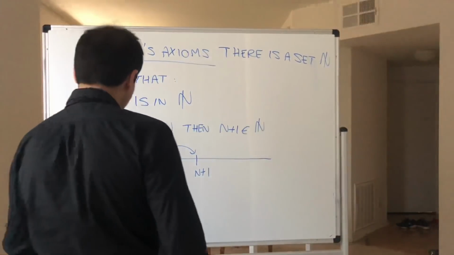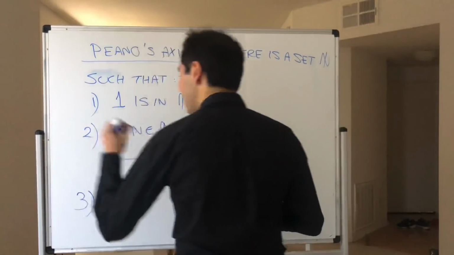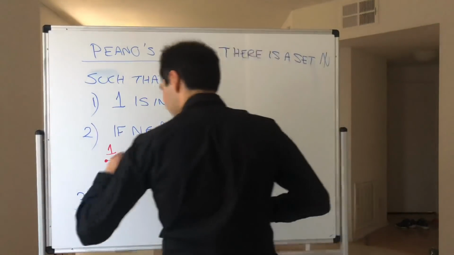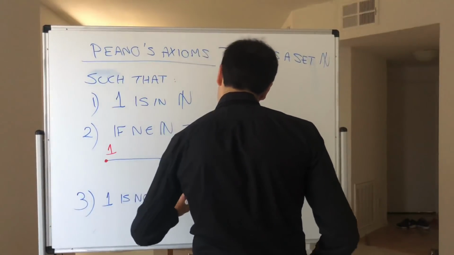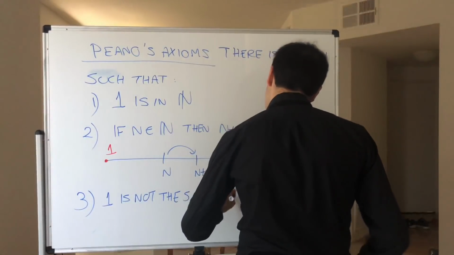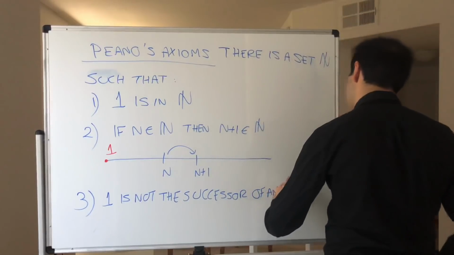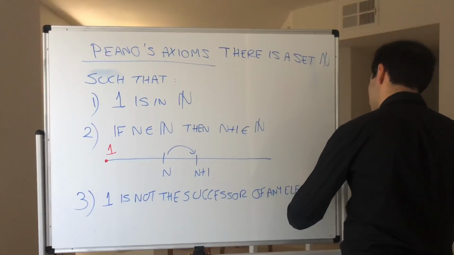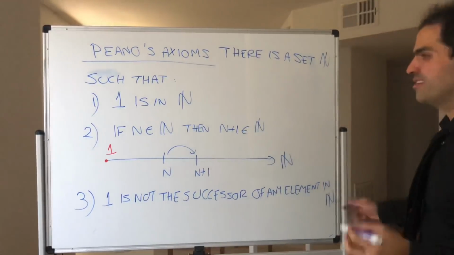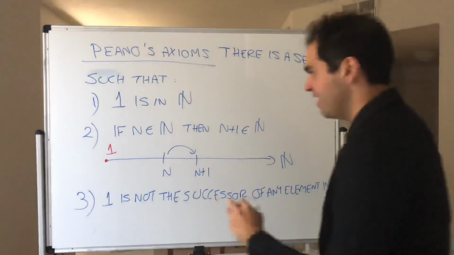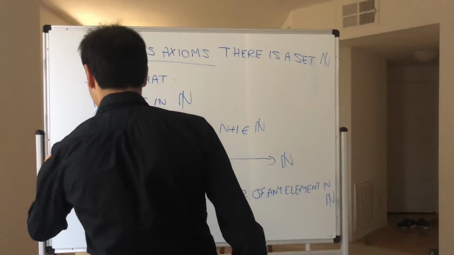The primal element, 1, is not the successor of any element in the set of natural numbers. Again, you could say it's the successor of 0, but we assume 0 is not in N. So there's nothing that precedes 1.